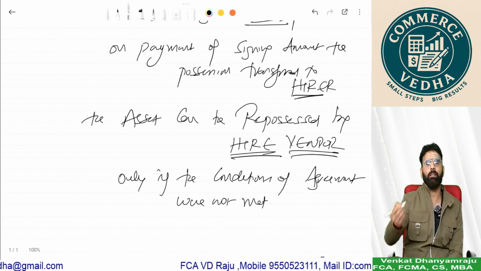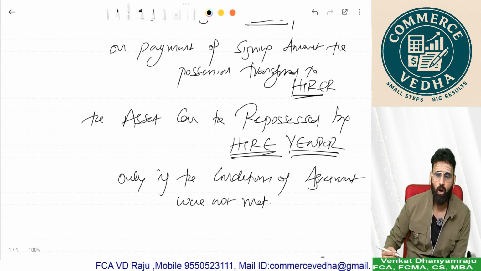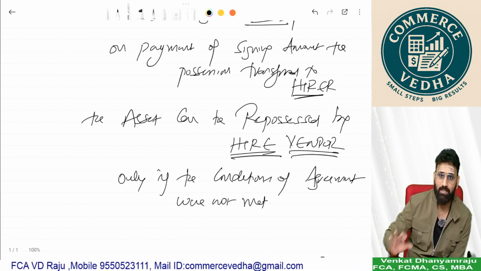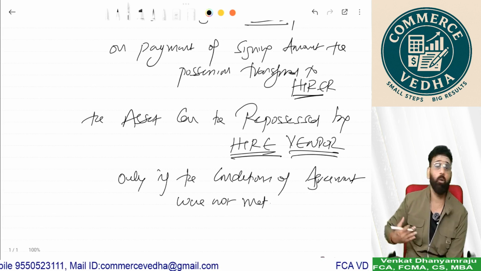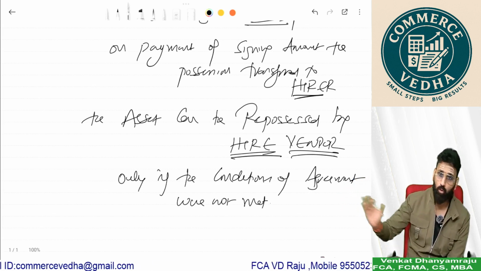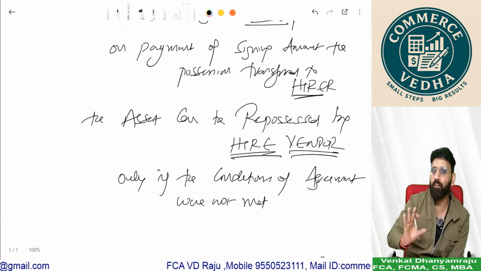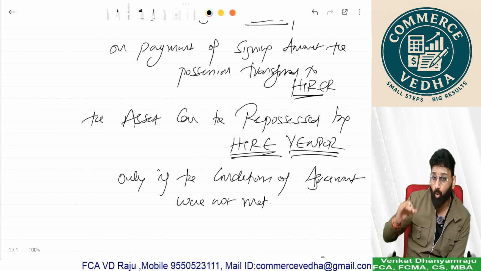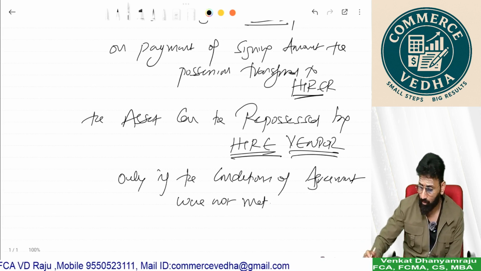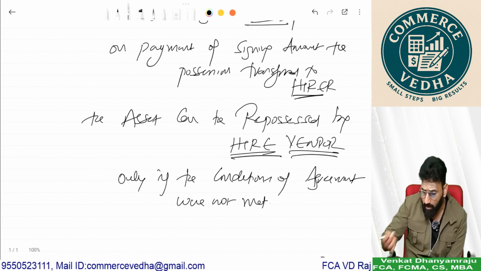Like you fail to pay the installment, right? Or you fail to keep the asset in good condition, because owner is the seller. You are only the user. You have the possession, but the ownership is still with the seller. So the seller has a right to repossess.